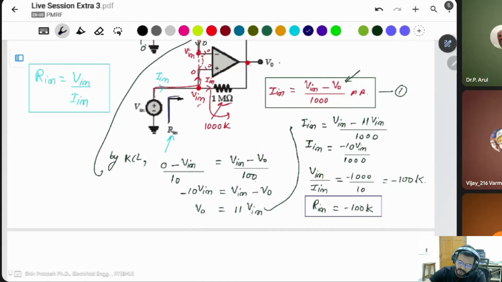The meaning of this is that the current direction is this one. But in this case, our negative resistance shows that the current direction is this one. Current is flowing like that. Because the question gives the R in direction, I took the current direction the same as the R in direction. That's why the R in is coming negative.